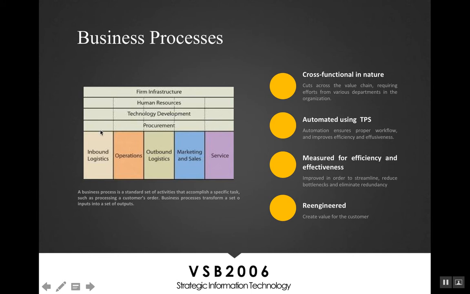If you look at each one of these as being bounded, crossing the boundaries and being able to execute and handle things on an end-to-end basis is very important. The idea is also that these types of activities can be automated using transaction processing systems.